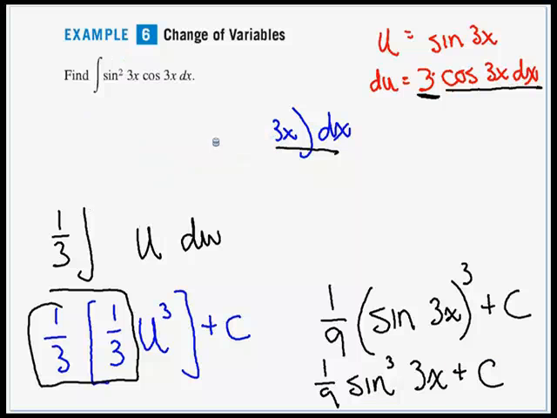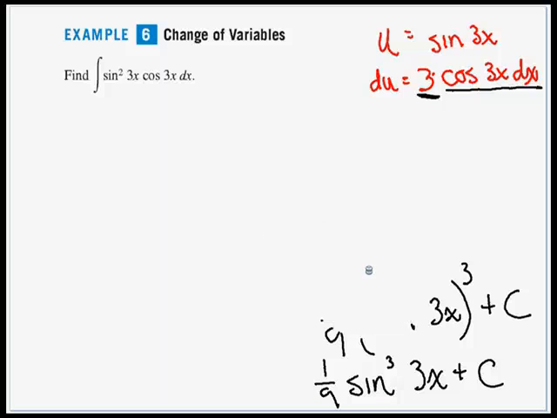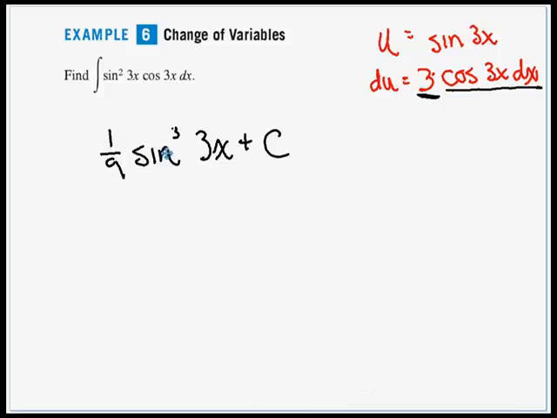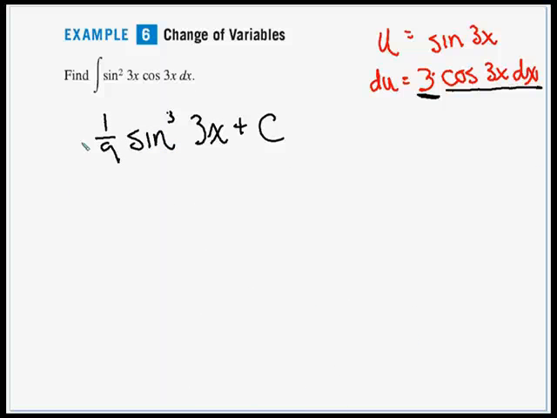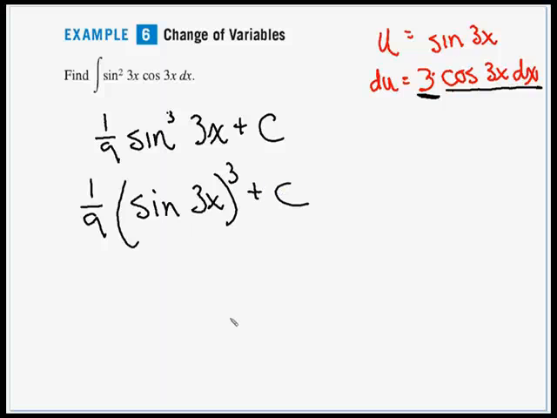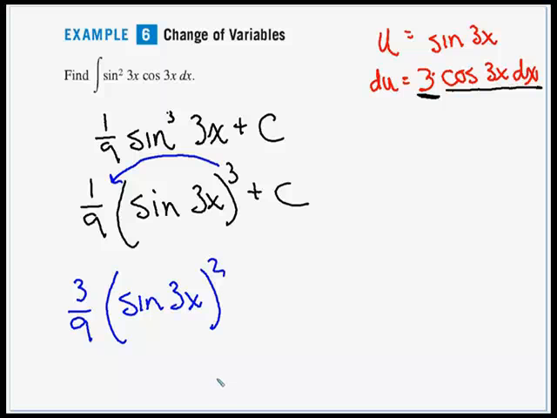And since that was a pretty tricky one, let's differentiate it and make sure we got the right answer. If I want to take this derivative, I should write it back here: 1/9 sine of 3x to the 3rd plus some constant. So we're going to do a little chain rule. The 3 comes down front, and we're going to have 3/9 of the same quantity, sine of 3x, now to 1 power lower, and then we need to take the derivative of the inner function.